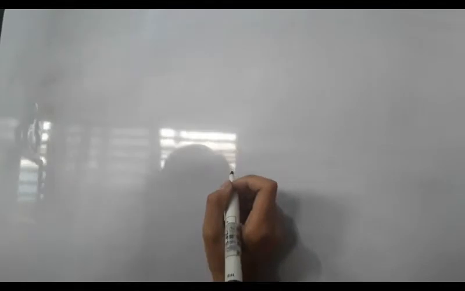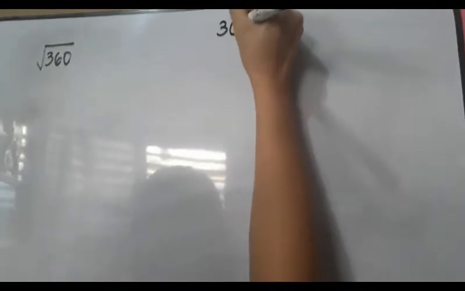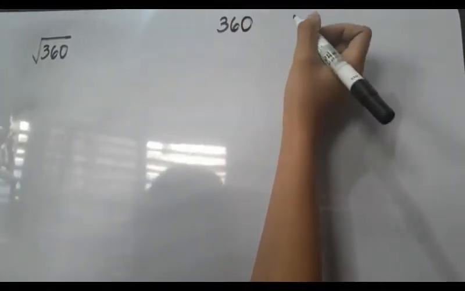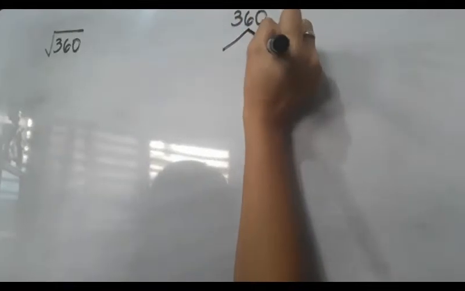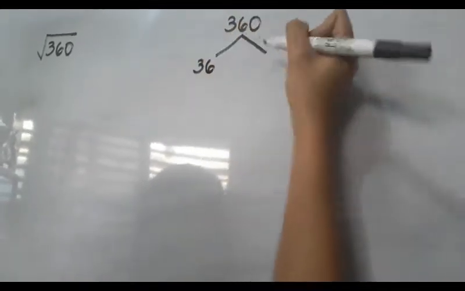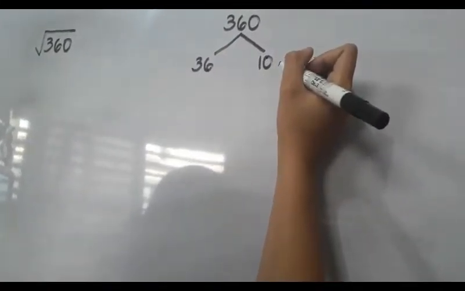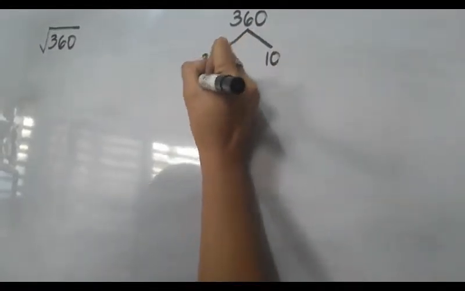There is another way of simplifying square roots. For example, we have the square root of 360. We can use the prime factorization. So for 360, we will now find the factors. So we have 36 and 10. Since 36 and 10 are still composite, we can still factor them.